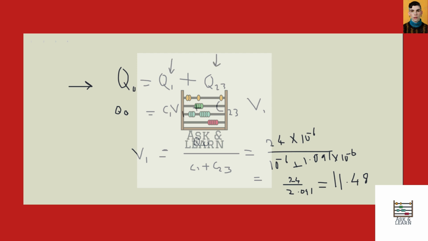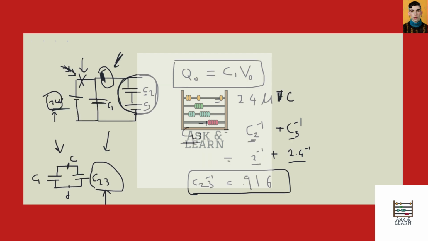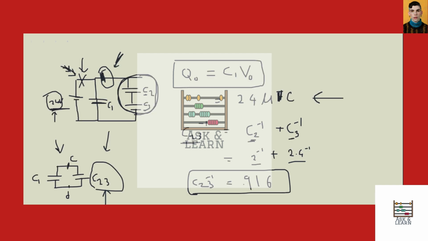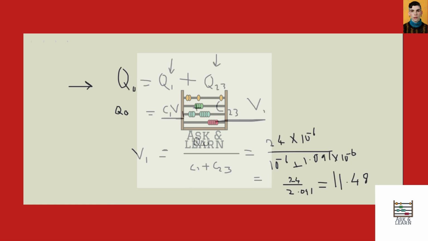So Q0 is Q1 plus Q23, and Q0 we have calculated in the beginning here, and we also know Q1 is equal to C1 V1. Also Q23 is C23 V1, because as we said in the beginning, they are in parallel connection, so they have same potential difference. So from this, you can simplify for V1, and substituting all the values, you get 11.48 volt. So that's the value of V1.